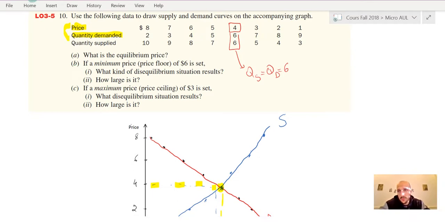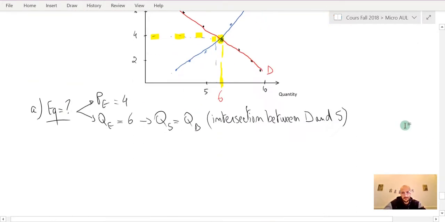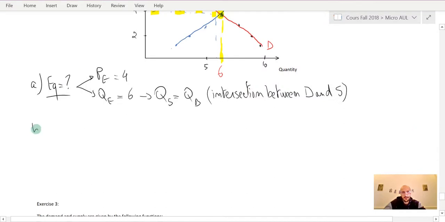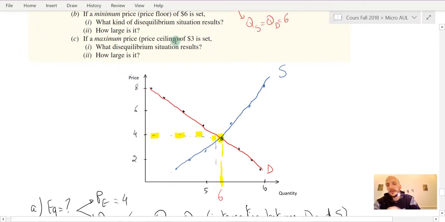The second question, question B, is the following. If a minimum price or price floor of $6 is set, so when we have a minimum price or price floor, let's say minimum price equals $6. Great.